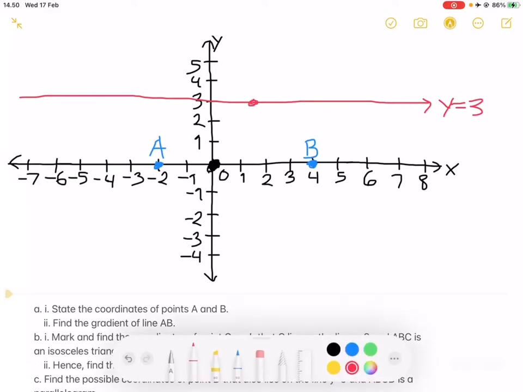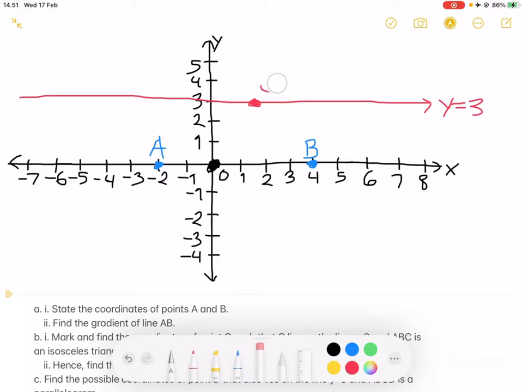Well, we already know our y coordinate for C, so let's just say C is somewhere right here, but we really don't know yet. Let's just picture this problem.